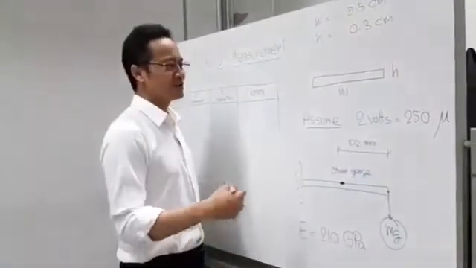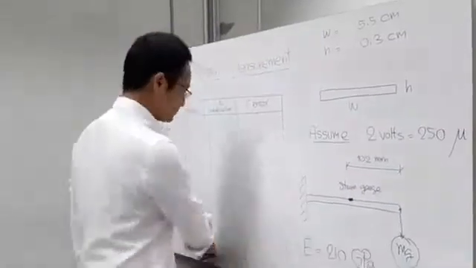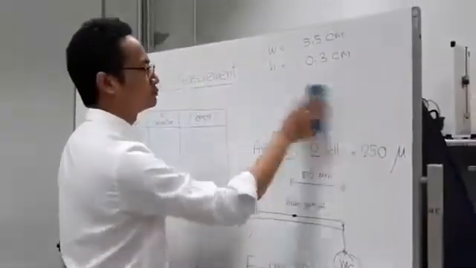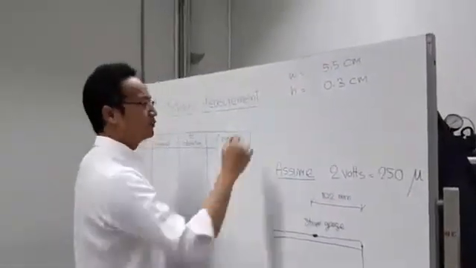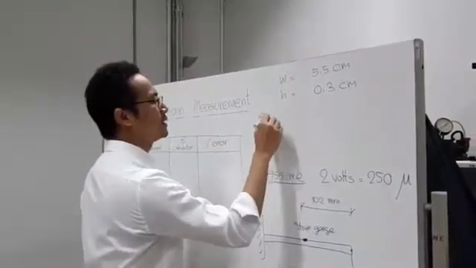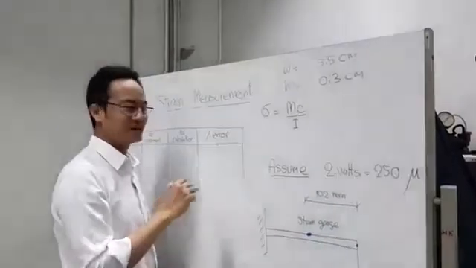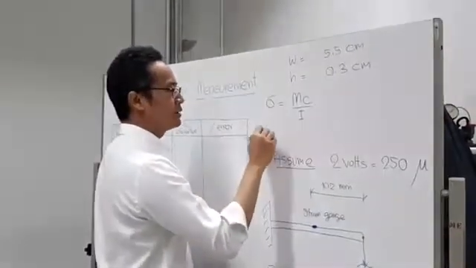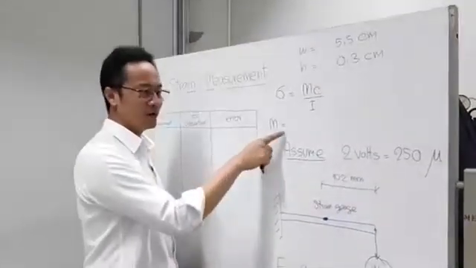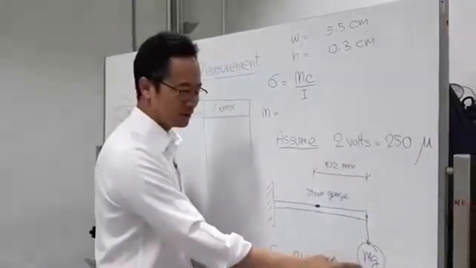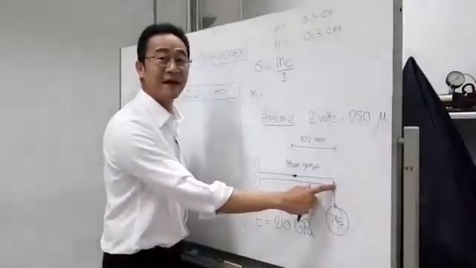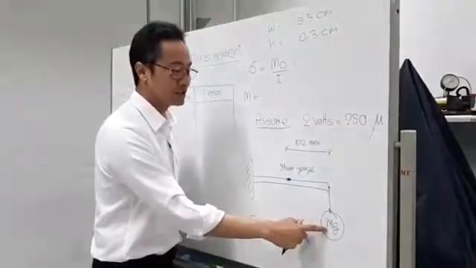If you would like to find the normal stress, like I said, it's MC over I, isn't it? What is M? M is a moment. How do you find the moment? You have the mass hanging at the end of the cantilever beam. It's mg.